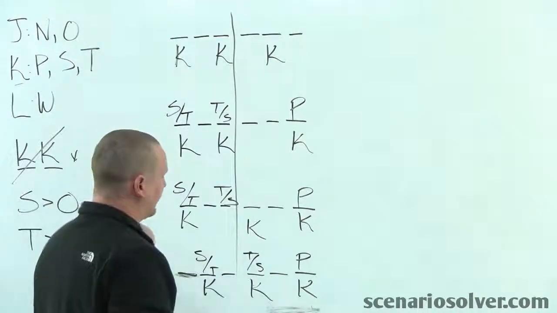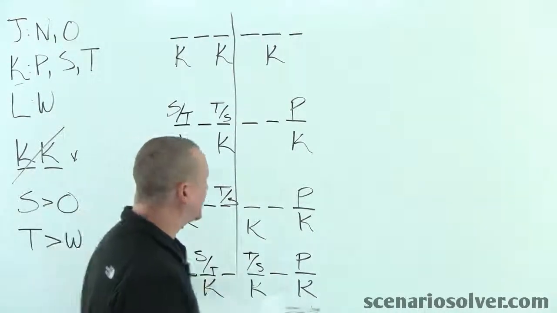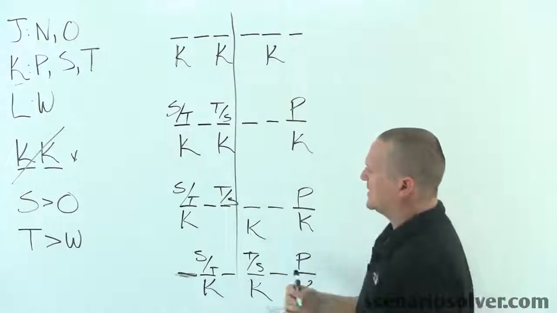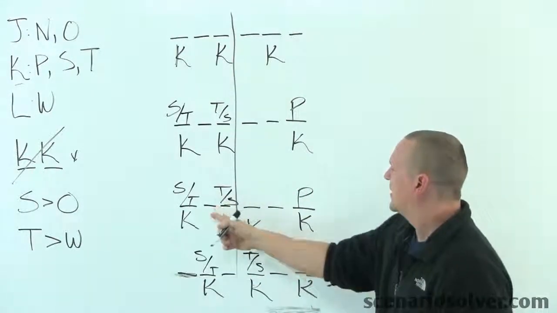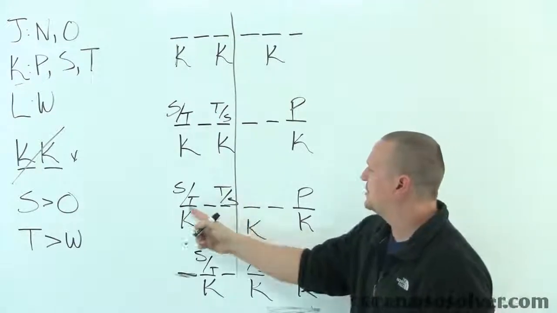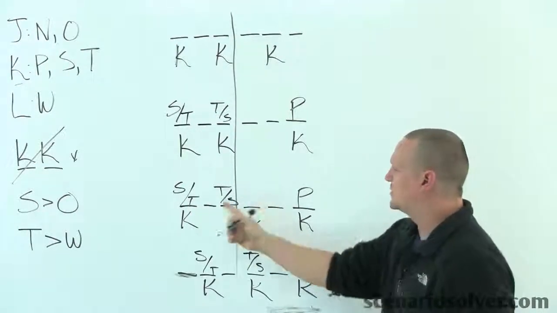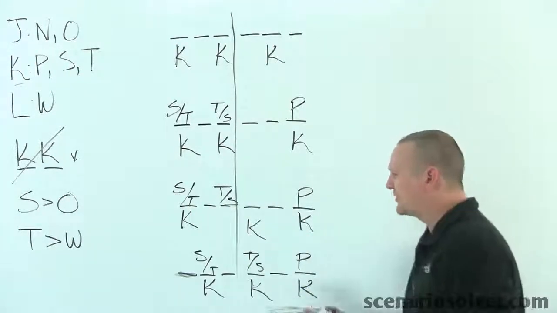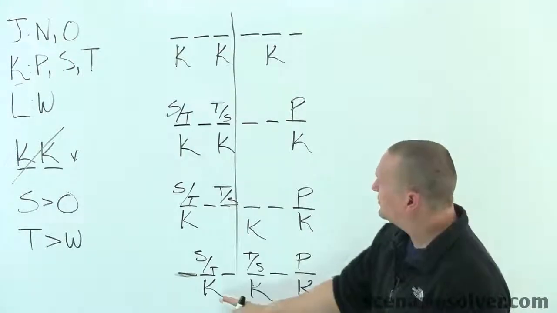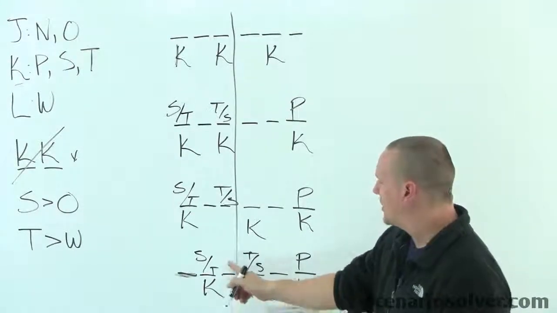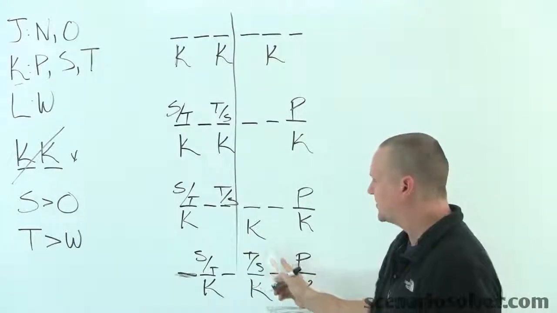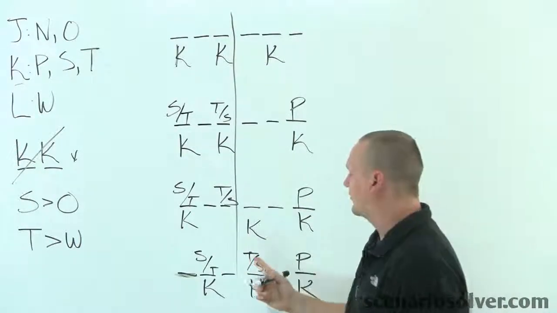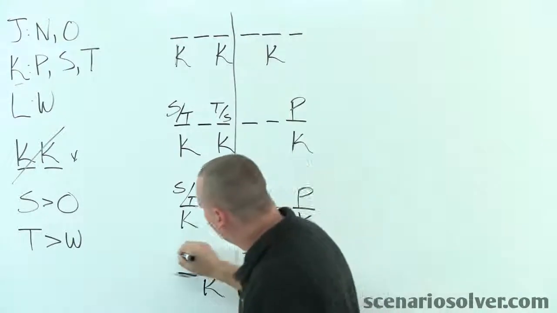Okay, and at this point, we know that O and W have to occur after S and T, but depending on who went here and who went here, there's a lot of things that could happen. I'm not going to focus so much on it, but if we look at the last one, whichever the order of O and W will be, what we do know for a fact is that N would occur here.